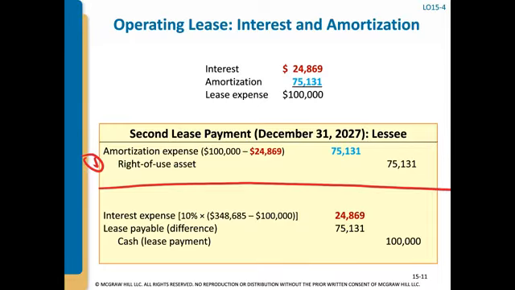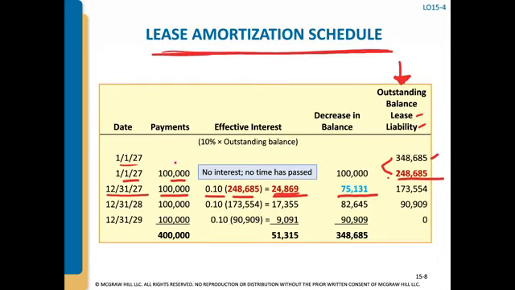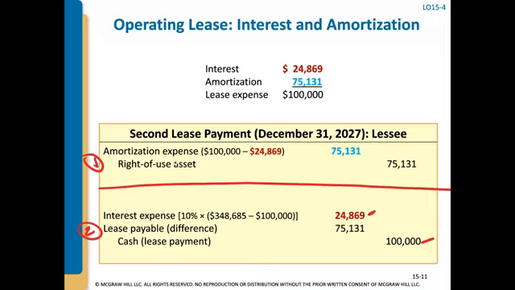And now my second entry is going to be, I'm going to credit my cash for my lease payment, which is $100,000. I'm going to debit my interest expense, which is the $24,869. So I'm going to debit here my interest expense $24,869, and then the debit to the lease payable is the difference of $75,131.